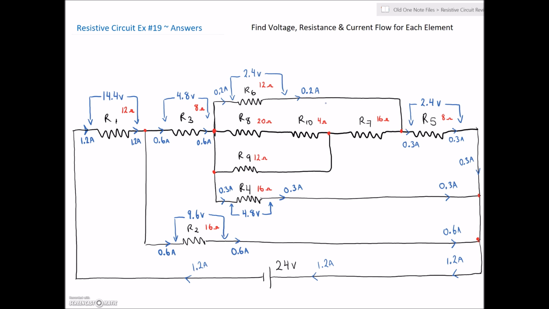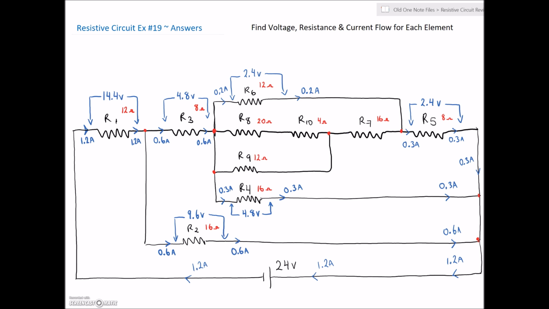Let's maybe look at the voltage across R8, R10, and R7. So this 2.4 volts would be here at this junction. And that 2.4 volts is also across here at this junction. So the 2.4 volts is applied across each of these resistors, R8, R10, and R7.